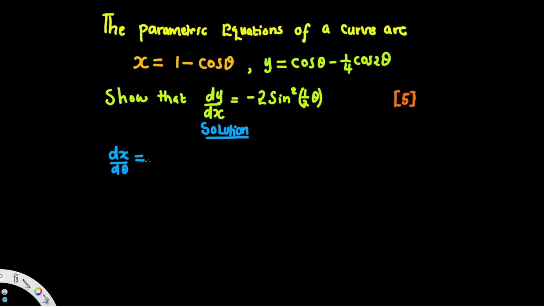So you're going to differentiate the first parametric equation with respect to theta. If you differentiate a constant, you get 0, because if you differentiate 1, you get 0. Then if you differentiate cos, you get negative sine, and a negative and a negative give us positive sine theta.